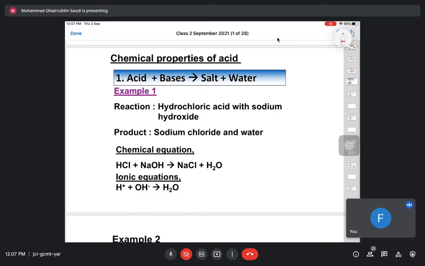Okay, so our lesson for today is the chemical properties. Notice the word chemical properties. If let's say I ask you before, how do you know that one solution is an acid? What is the properties of acid yang awak dah belajar sebelum ni?